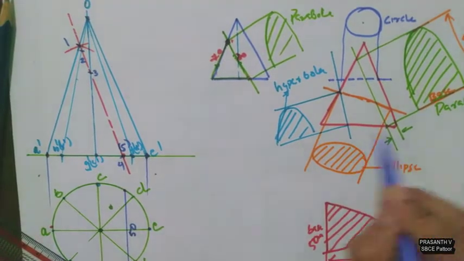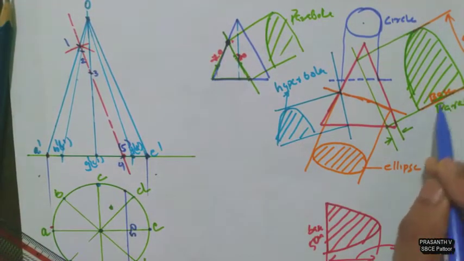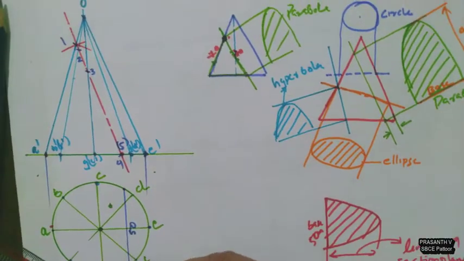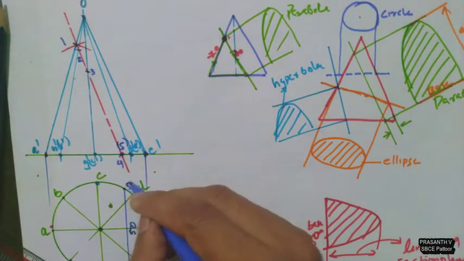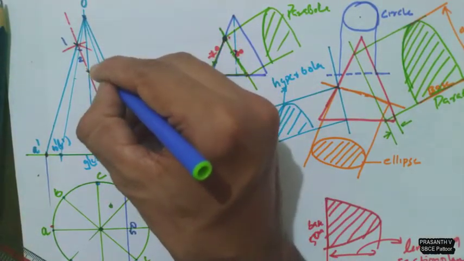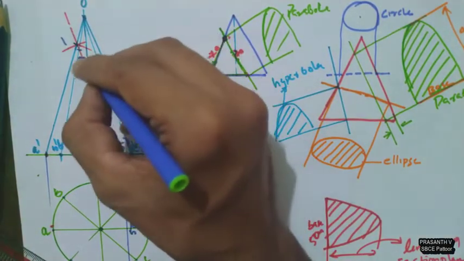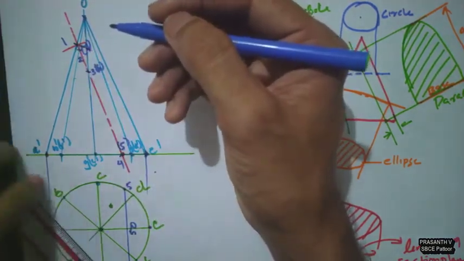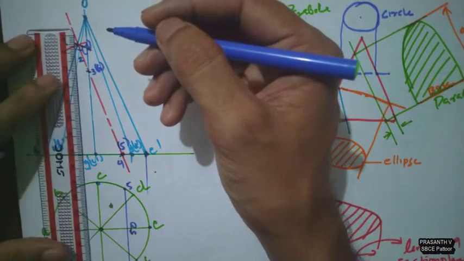Here 2 points of the base of parabola are there. 4 is here. Here it is 5. So 2 points will be there, and this will be 6, 2, 7. Those are the points. Now I can project those points to the top view.